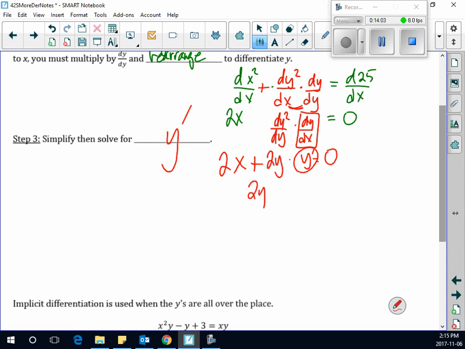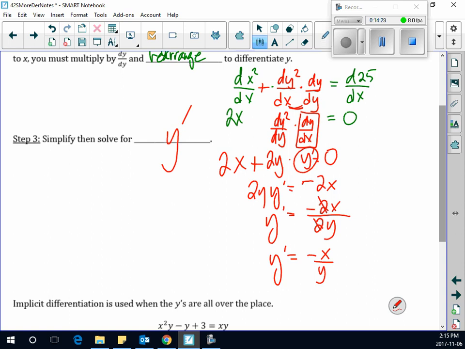So I get 2y, y prime equals minus 2x. Yes? Then how do I get y prime by itself? Divide. So I get y prime equals minus 2x divided by 2y. Everybody agree? And you can simplify that. Yes? So I get y prime equals minus x over y.